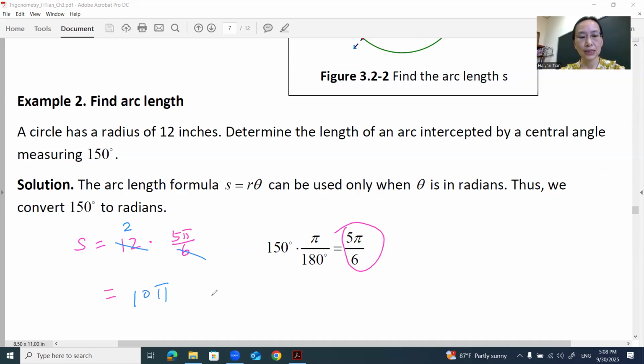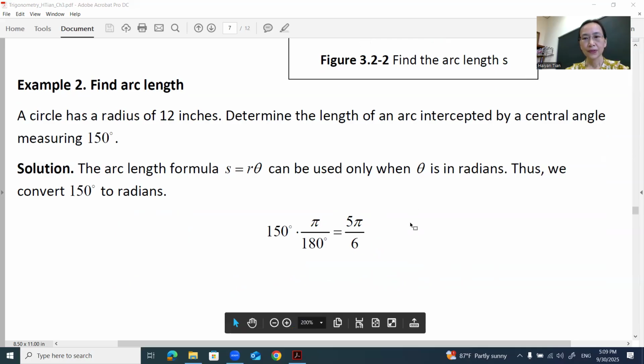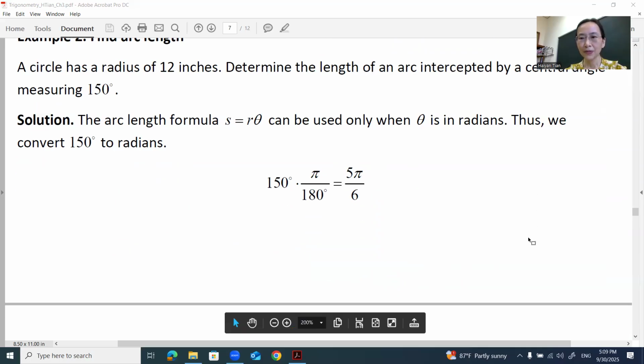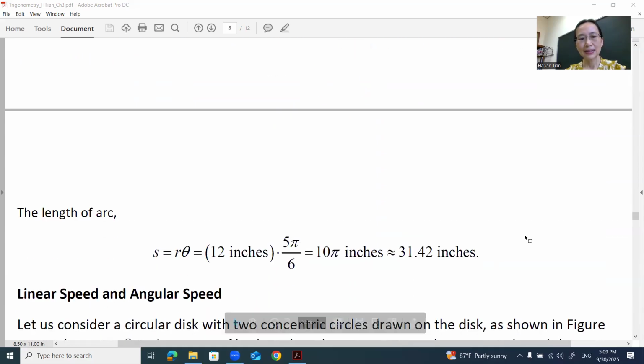But if you want to get the number, it's approximately 10 times 3.14, so approximately 31.4 inches. That's the arc length. So just be careful when we apply this formula, S equals R theta, theta is in radians.